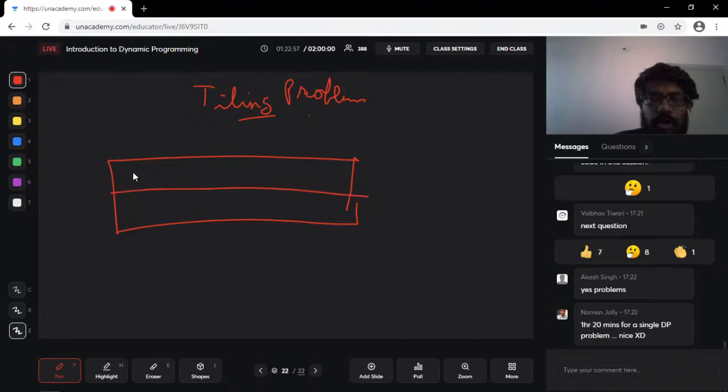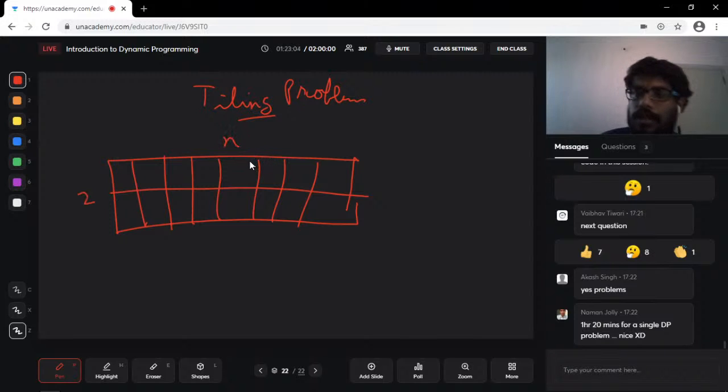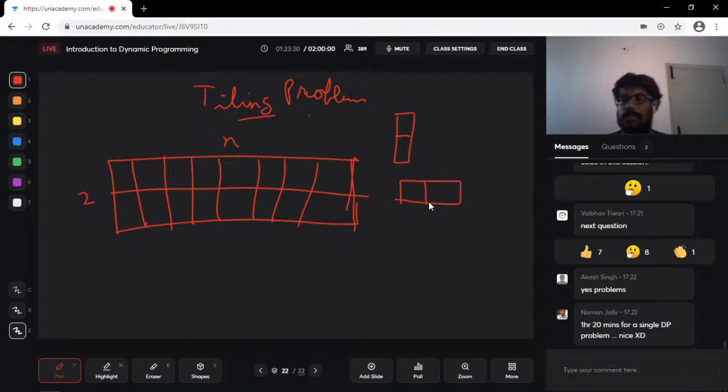Say you have a floor of size 2 cross n, and you want to tile the floor, and the tiles you have are basically what we call dominoes, this or this. And the question is, how many ways are there to tile this floor using either a vertical or a horizontal tile? How many different ways can we tile?